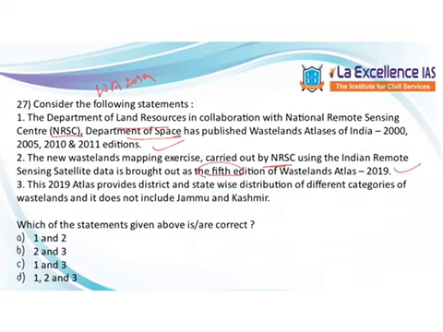So this is also correct. Then, this 2019 Atlas provides district and state-wise distribution of different categories of wastelands. You have to remember that it not only provides nation-wise or region-wise data, it also provides state and district-wise data. But it does not include Jammu Kashmir is wrong over here. So when statement 3 is eliminated, the answer is A.